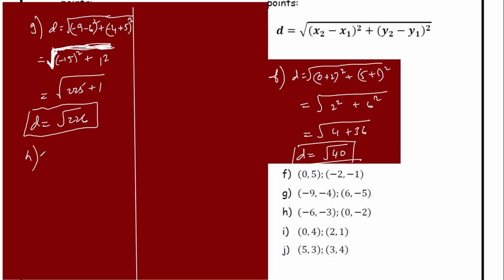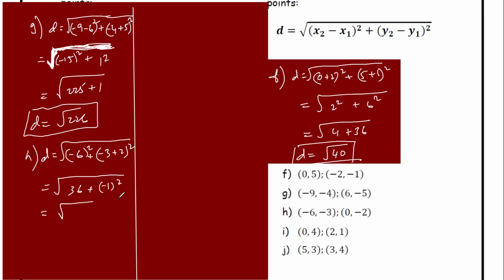H. So D is root of -6 -0, the whole thing squared. So it's -6, the whole thing squared. And -3 minus of -2. So that's -3 plus 2, the whole thing squared. And don't forget the plus in between. So that's root of 36 plus 1, -1, the whole thing squared, right?